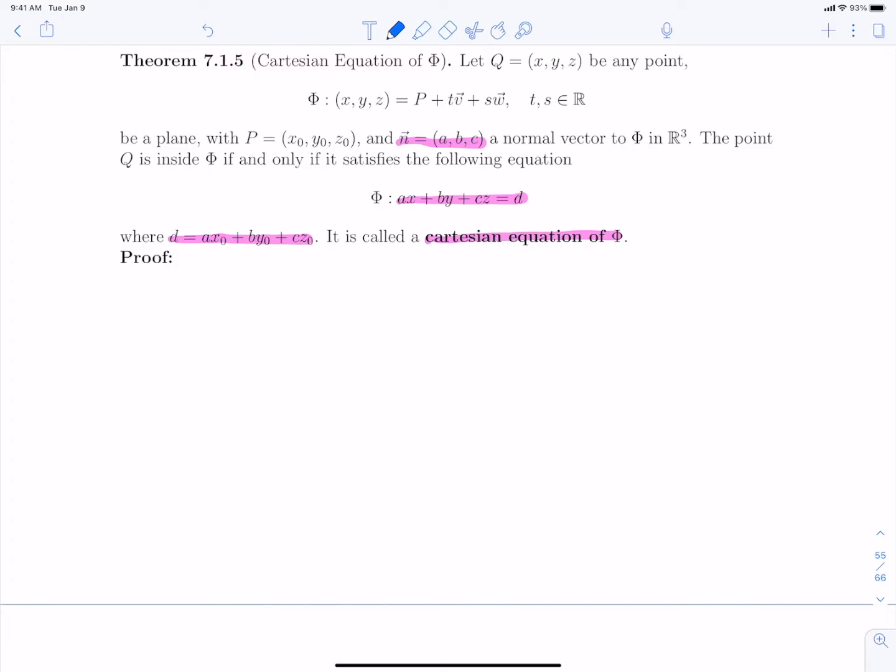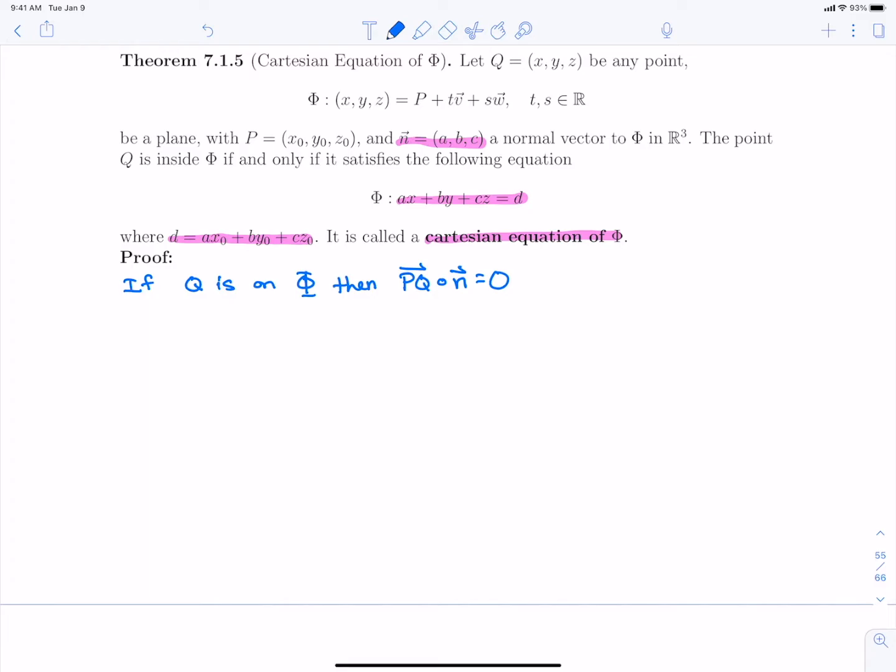Now, we're asked to prove how this can be equivalent to the vectorial equation. So if q is on phi, because we say let q be any point, so if q is on phi, then the vector pq dot n equals 0.